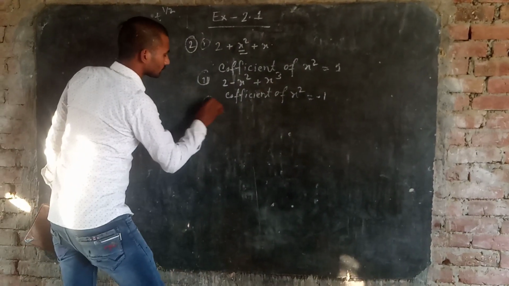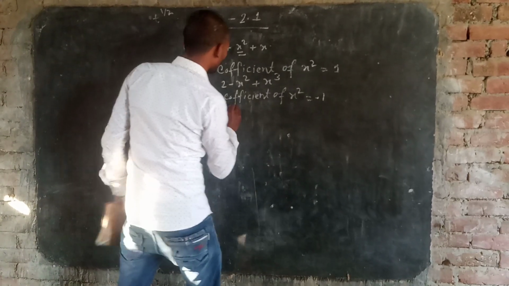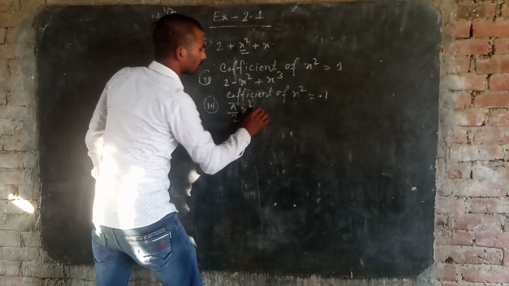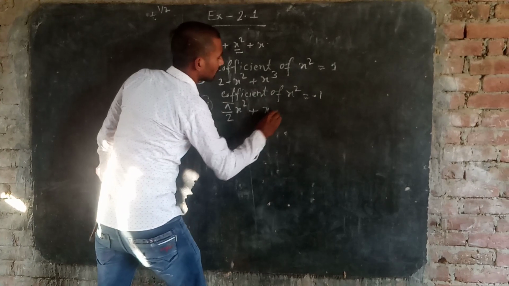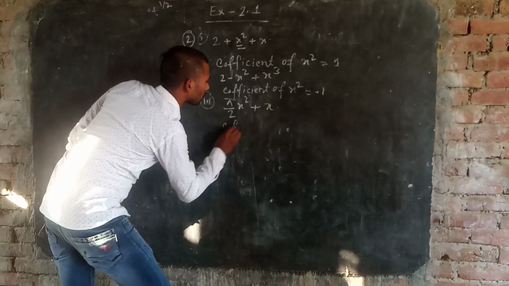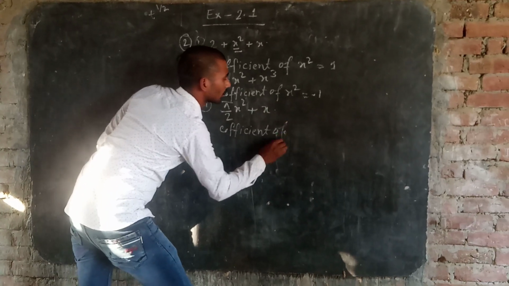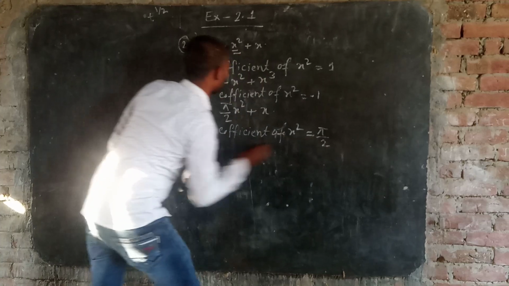Third, pi upon 2 x square plus x. Coefficient of x square equal to pi upon 2.